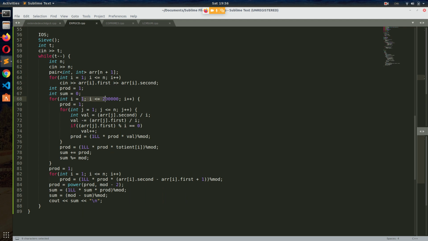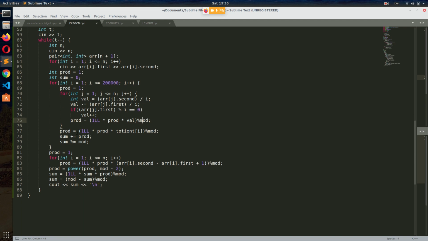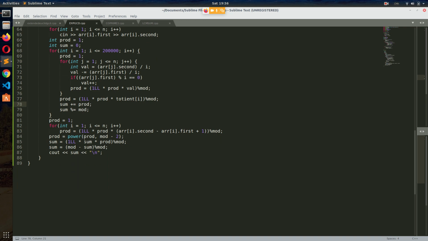For every possible divisor I, I go over all the tuples, all the positions in the tuples, and calculate the number of values which are divisible by I in that range, and I multiply by prod. In this way we get the tuples which are divisible by I, and I multiply prod by the totient of I and add this to the sum. So in this way we have the sum here.